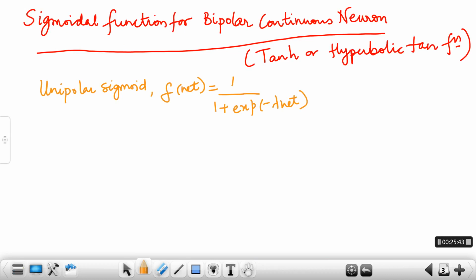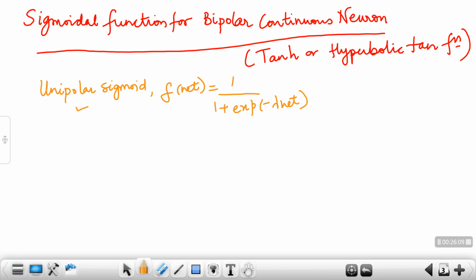The only thing is that the signal should be above the net axis as well as below the net axis, not only above it. This is also called the tanh function or hyperbolic tangent function. Remember that the previous one was called the logistic function, the unipolar sigmoidal function. This particular function is only on top.